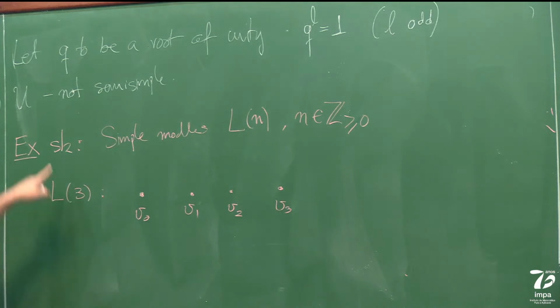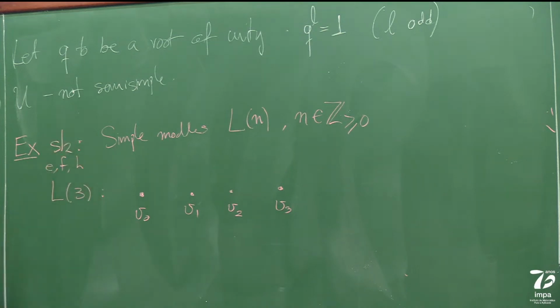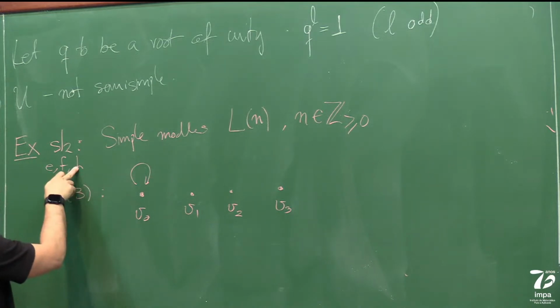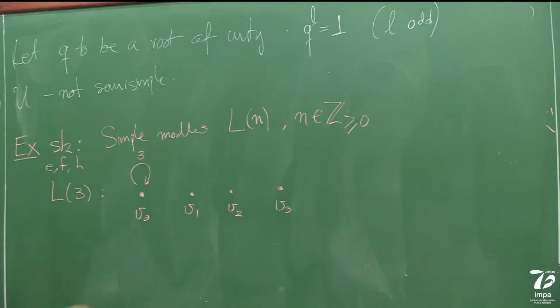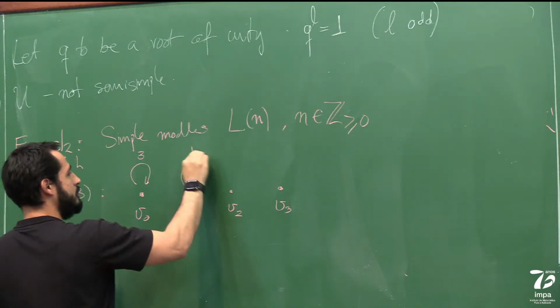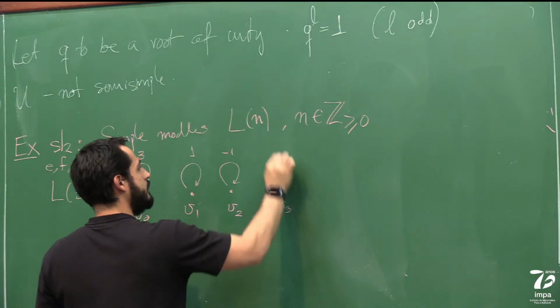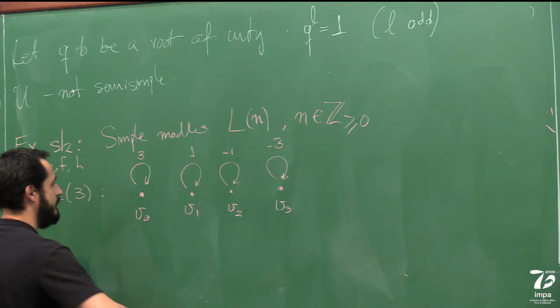In the usual Lie algebra, we have generators little e, little f, little h. We have the diagonal action. The action of h on these basis vectors is given by 3, 1, -1, -3.